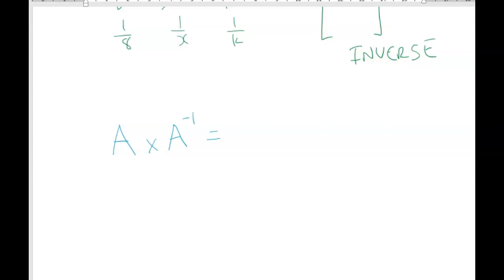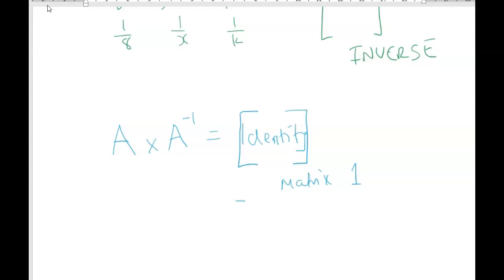In matrices, it doesn't equal 1 because we're not working with whole numbers, we work with matrices. Now, what we get here is what we call the identity matrix. That is a matrix that is equivalent to 1. So when we multiply these two together, we get the identity matrix.